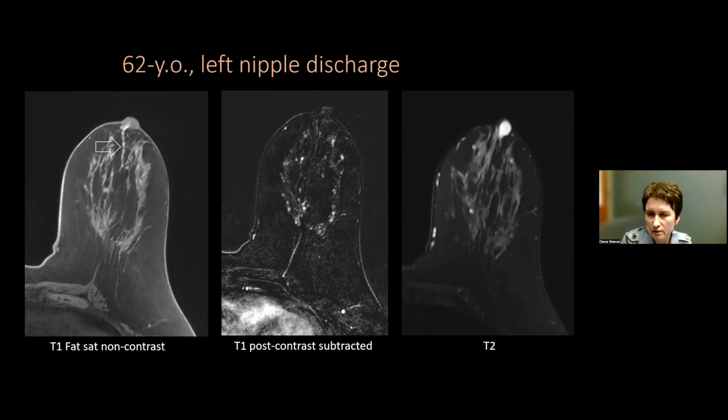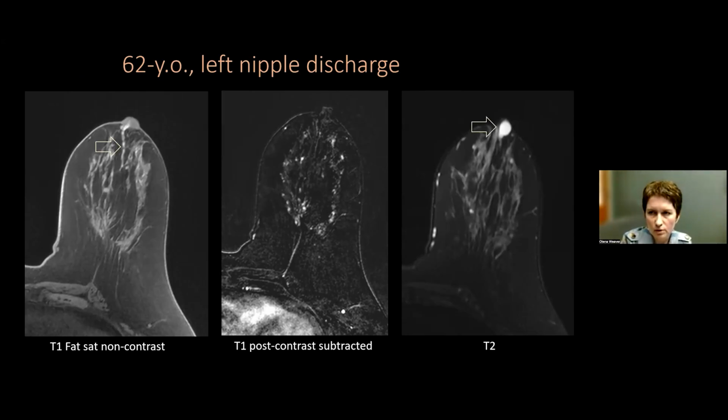And we do see that cystic T2 bright lesion within the left nipple. So basically, this is to show the correlation between contrast mammography and MRI, and that MRI wasn't really much more helpful in figuring out the patient's symptoms.